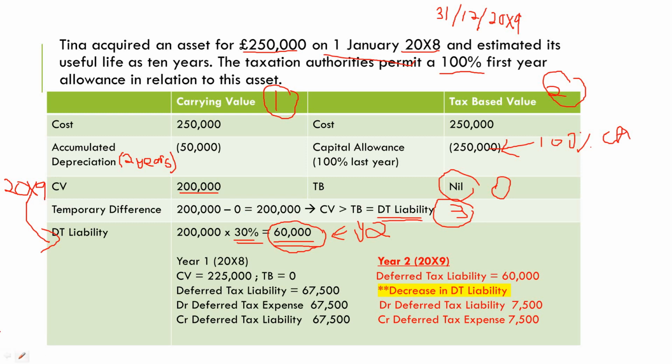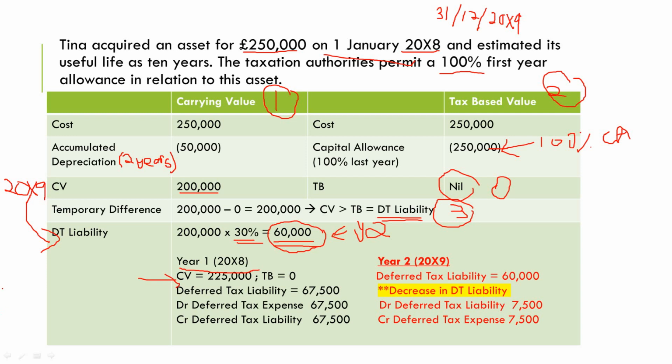So last year, in year 1, during the year of acquisition, carrying value is 225,000. How do you get 225,000 here? 250,000 minus the depreciation, 25,000. You get for the first year 225,000.